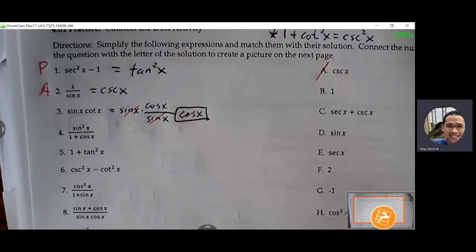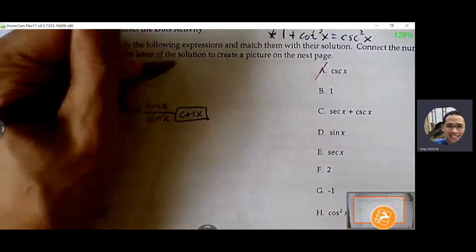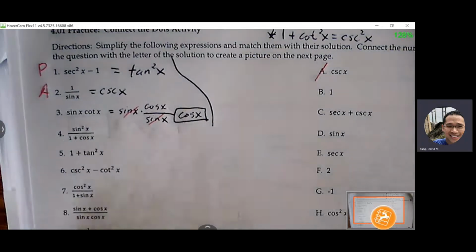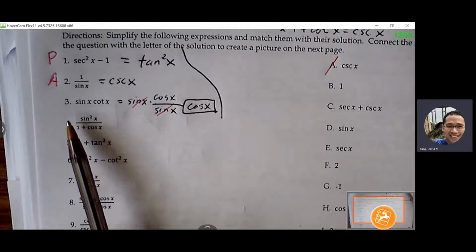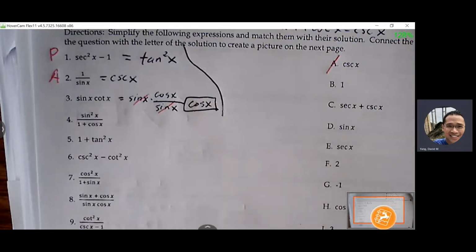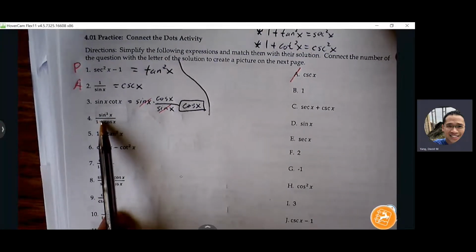All right, number 4, I want some room to work with this. I'm going to take up some of the space that I didn't need for 1 to 3. Okay, let's talk about this here. These are ones I haven't quite gone over yet. But let's start it off here. Anytime I see sine squared or cosine squared or anything squared, I'm always trying to think, oh, maybe there's an identity that I can use. So is there an identity that I can use with that sine squared?